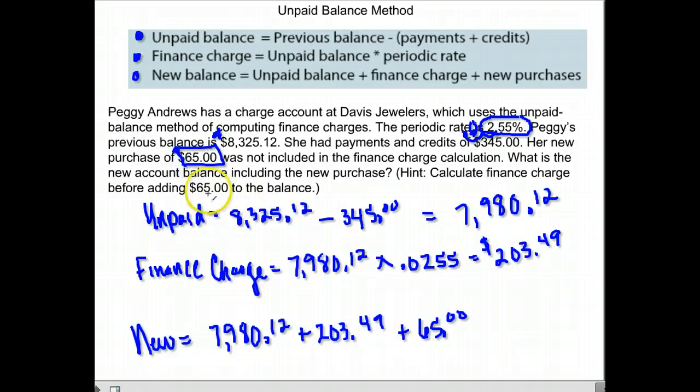Notice we did follow the hint. We didn't add the $65 until after we'd found our finance charge. We just have to add those together. $7,980.12, $203.49, and $65. That gives us $8,248.61.